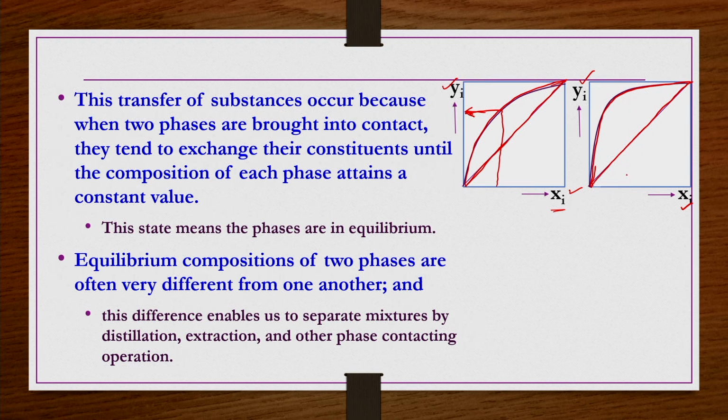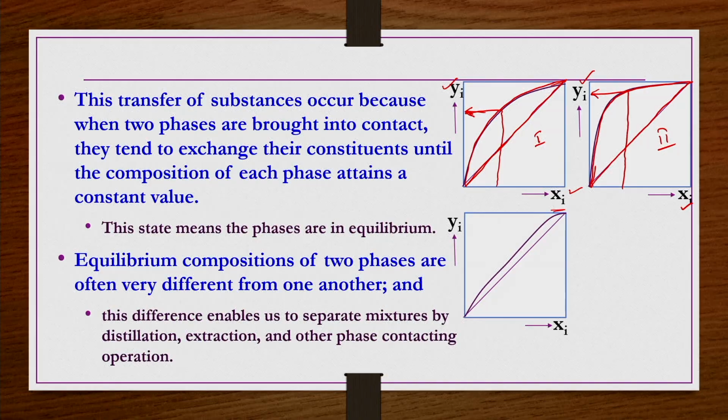So, we can see now here the difference between xi and yi is much higher. Compared to the first case, in the second case the separation is going to be much easier, because the yi and xi values are very different from each other.